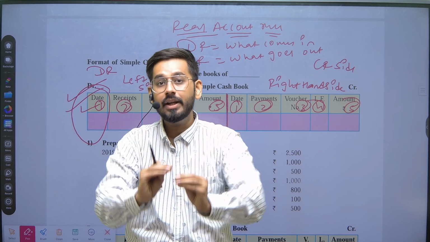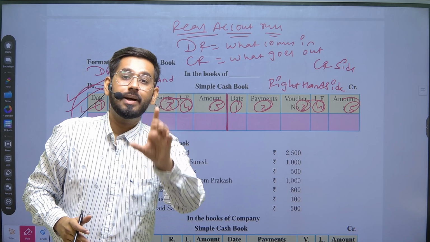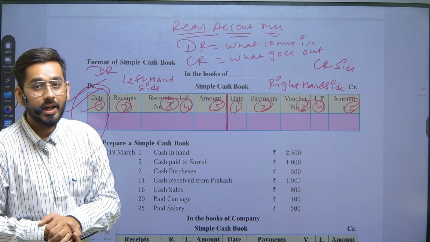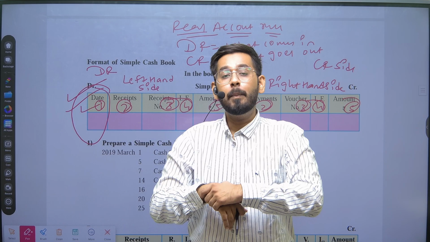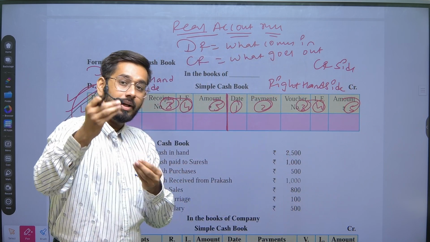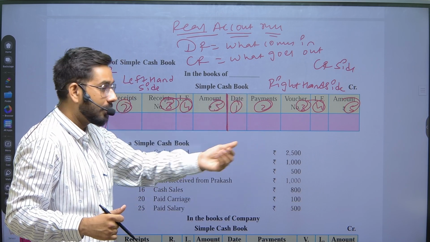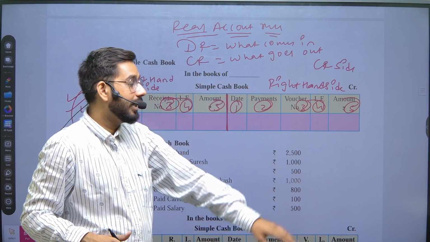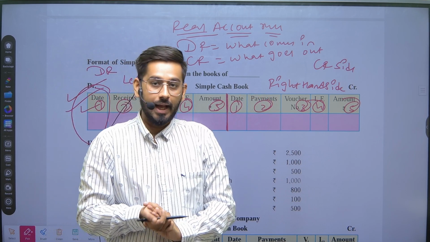So whenever cash comes into your business or firm, it must be recorded on the debit side, that is the receipt side of the cash book. And when you pay cash to someone, or incur an expense such as purchases, commission paid or interest paid, it must be recorded on the right hand side, the credit side of the cash book.